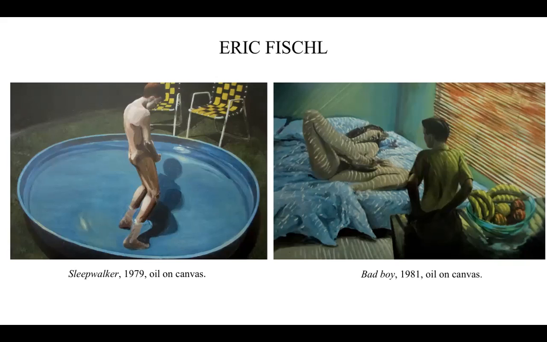This artist's name is Eric Fischl, and he used figuration as a way to talk about what was experienced but could not be said. In his works he portrays figures that are very realistic, and he uses figuration to discuss and reveal the hidden and forbidden stories and secrets of the American suburbs.